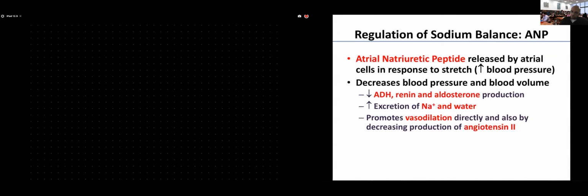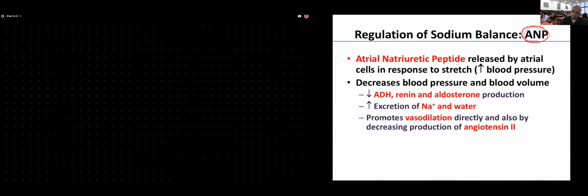Moving on to another hormone that will also regulate the sodium balance, which is ANP, or atrial natriuretic peptide. Atrial natriuretic peptide, from its name, what can you understand? I am a peptide, means what?